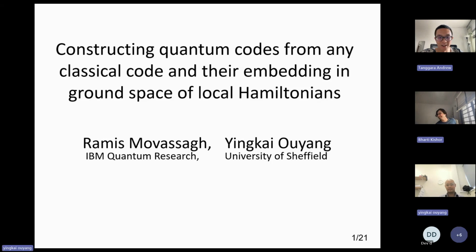Sure. So it's our pleasure to have Yingkai here. He's going to talk about constructing quantum codes from classical codes and their embeddings in the ground space of local Hamiltonians. And as I understand it, it could be a non-stabilizer code and all that stuff.